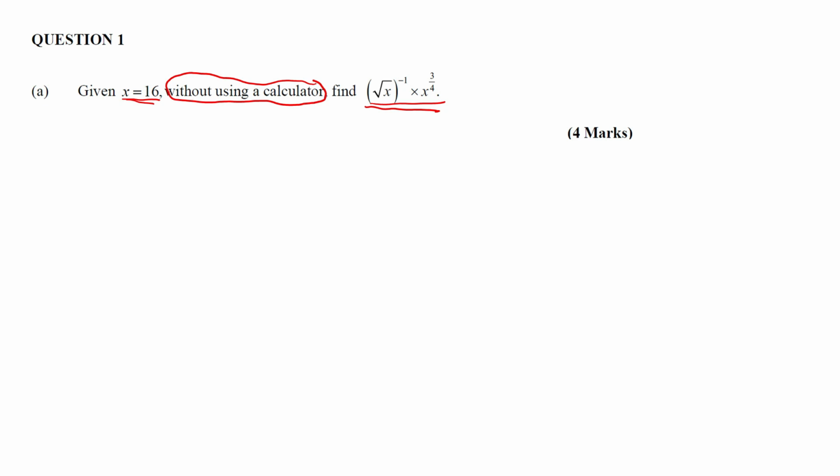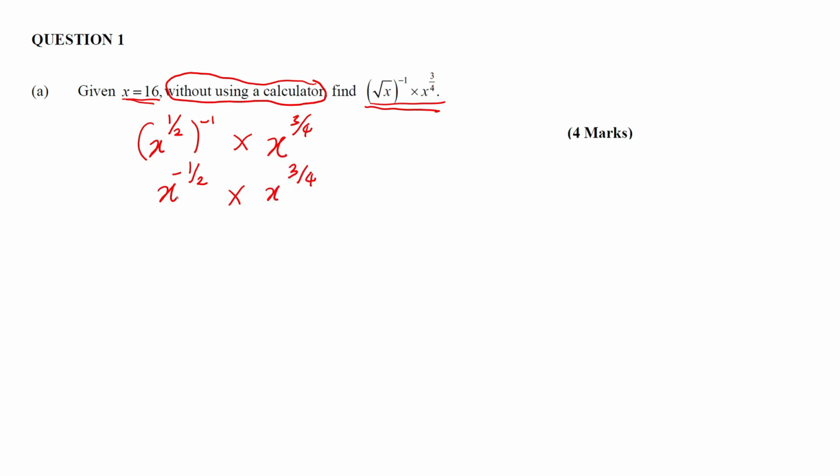So how to do it? So let's convert the square root of the x into power form. So we have x power 1 over 2, and we have minus 1 times with x to the power of 3 over 4. So we have x minus 1 over 2 times x 3 over 4.